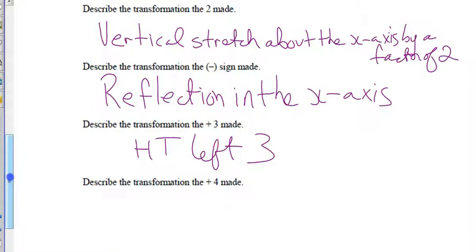So HT left 3, right? A horizontal translation left 3 units. And the plus 4? VT up 4, 4 up. Just as long as both are there, right? So there must be a direction and there must be a quantity. So how much which way or which way how much doesn't matter.